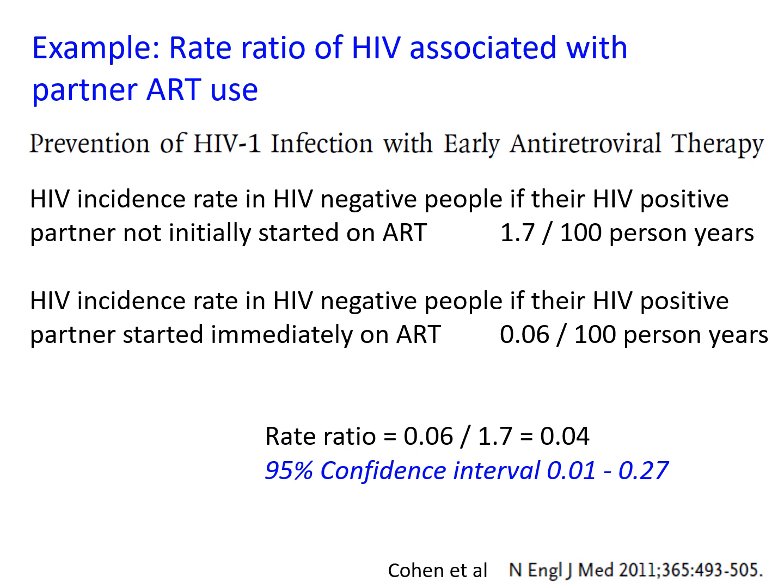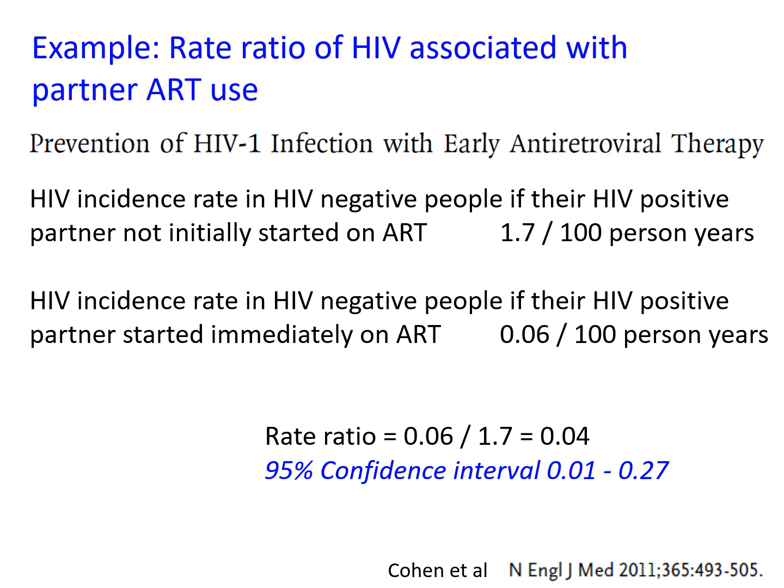So this showed, for the first time, this early study showed that if people are on antiretroviral treatment, they have a lower risk of passing on HIV compared with if they're not on antiretroviral treatment.